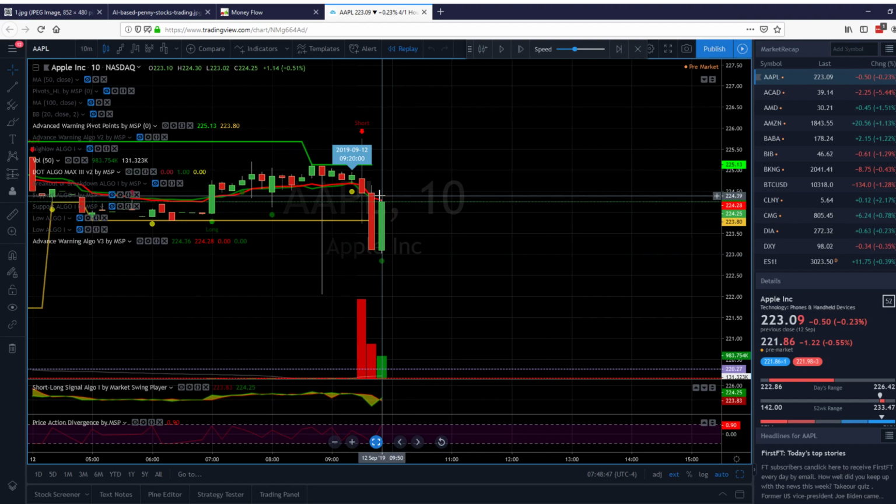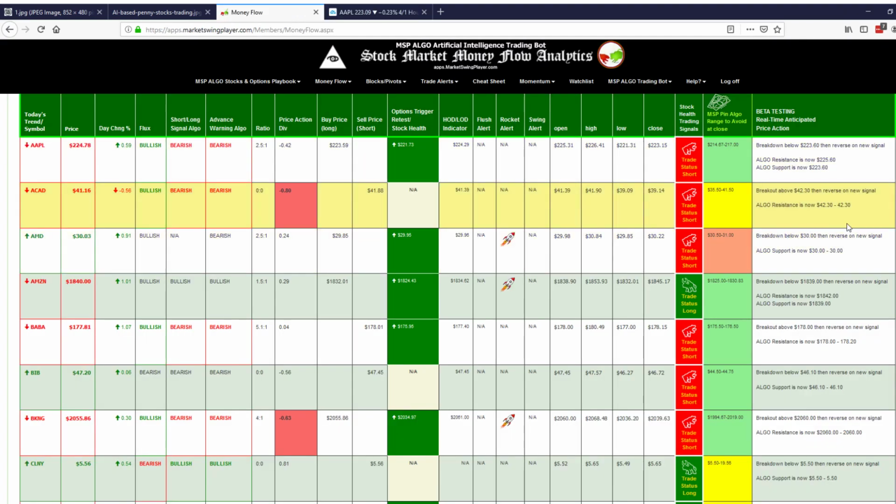Okay, so now based on this alert here of real-time anticipated price action, because we're targeting what's going to happen right after the market open, we're believing it's going to retest that resistance at 225.6.